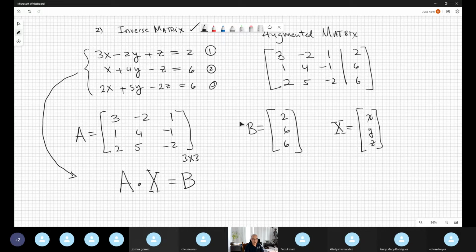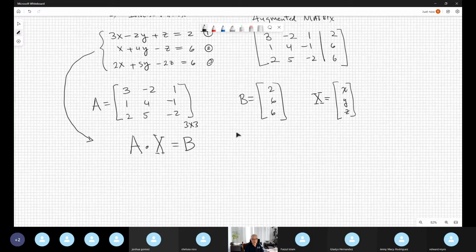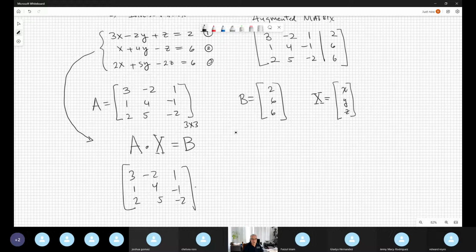Suppose 3, 1, 2; negative 2, 4, 5; 1, negative 1, negative 2, multiplied by the variables x, y, z, equals 2, 6, 6.